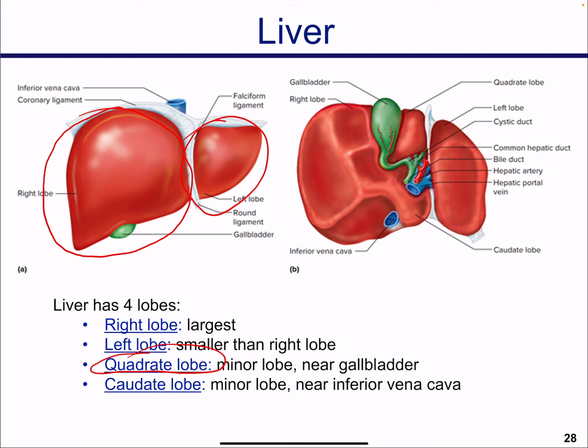That quadrate lobe, it's actually found along the gallbladder, where the gallbladder is located, okay? And then you have the caudate lobe, right by the inferior vena cava, right? Here is the inferior vena cava, okay? This is the caudate lobe, right? The quadrate lobe is right here, okay?